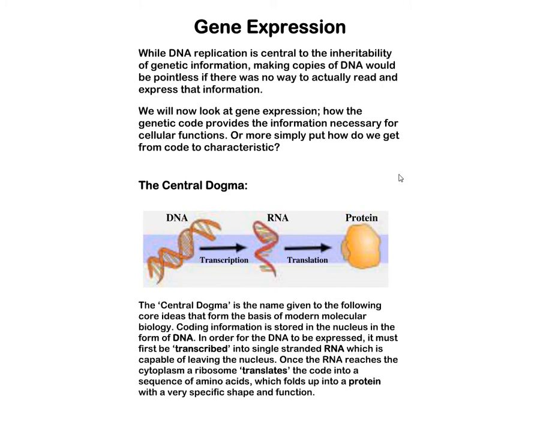Central dogma means the central truth or the foundation. Now we know these days there are a few small exceptions or variations, but largely this is the case. And as far as we're concerned at this stage, this is what always happens.